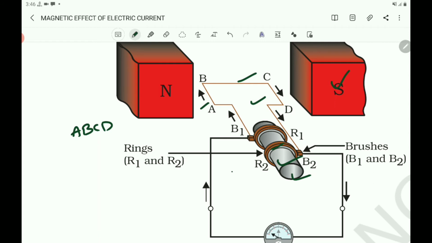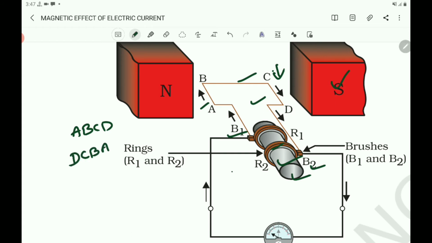And also you can observe that the induced current flows in the circuit through brush B2 to B1. After half rotation, what happens? After the half rotation of the armature, CD moves upward and AB moves downward, and the induced current now flows in the reverse direction, DCBA.